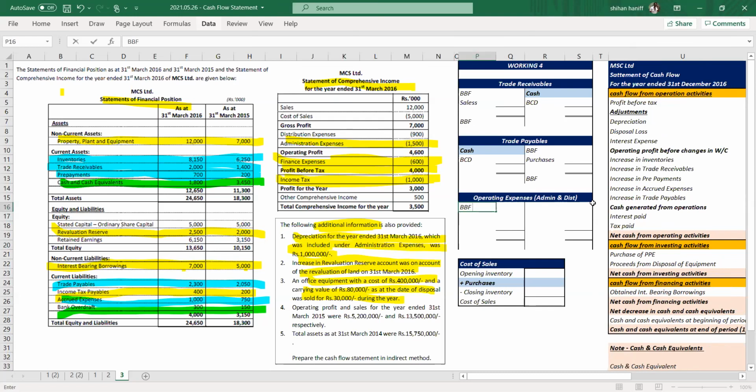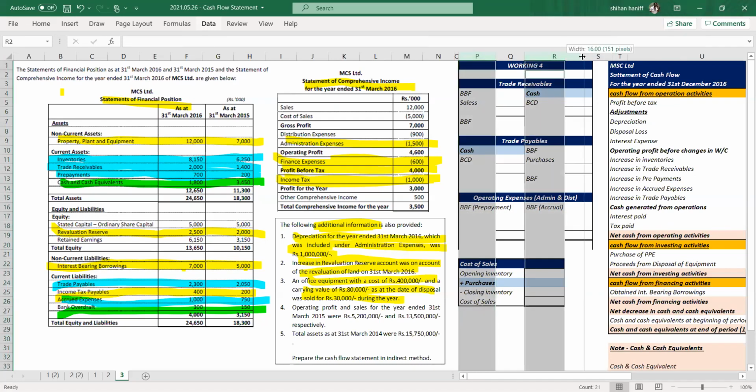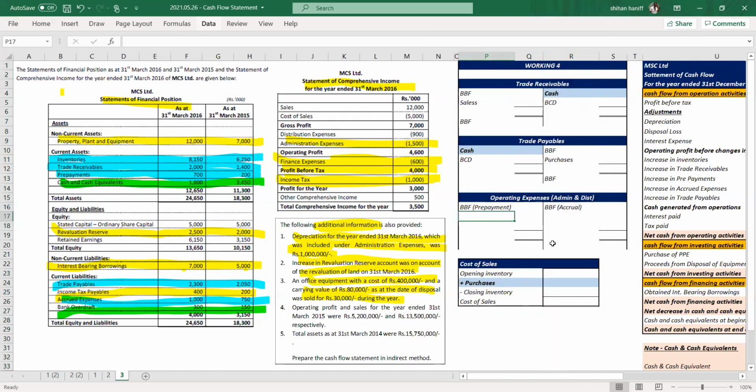Operating expenses: opening balance, should be prepaid. We need to find out how much is cash paid.